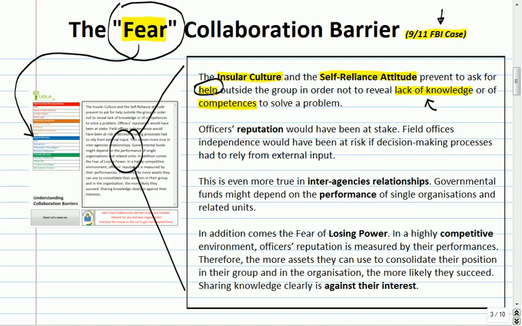That's a barrier. Second, the officer's reputation would have been at stake, because field officers' independence would have been at risk if decision-making processes had to rely on external input.